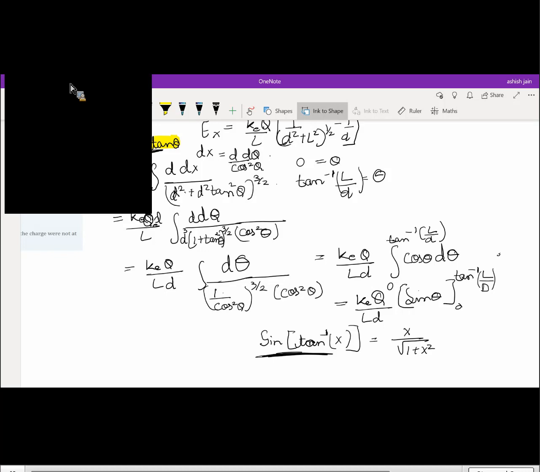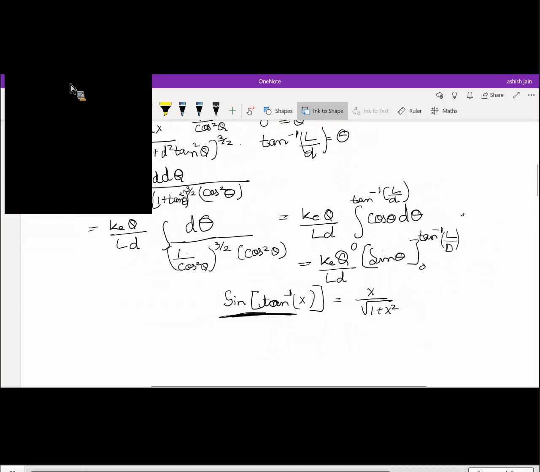Just look it up on the internet or in any mathematics book. All right. So you substitute it here, and you get your answer back by substituting this equation, kq by ld.